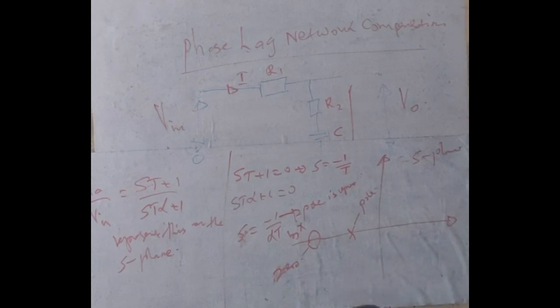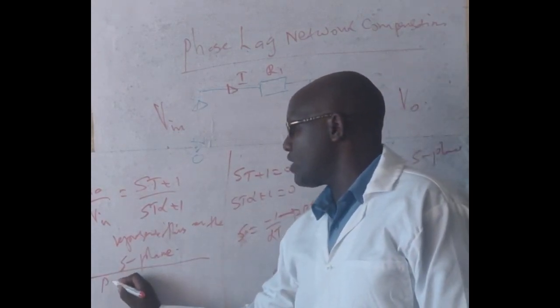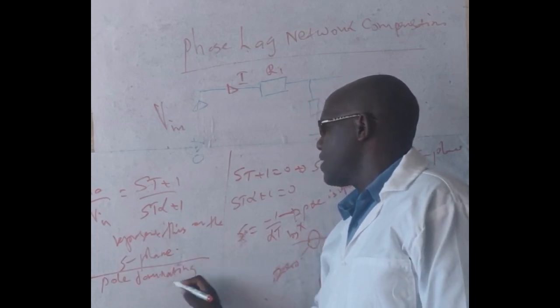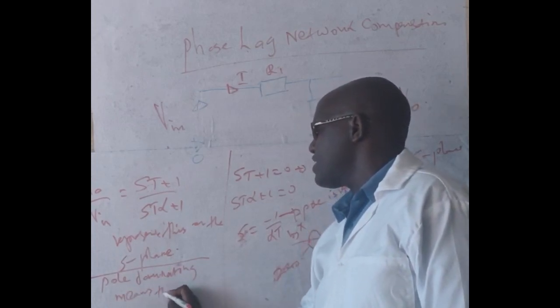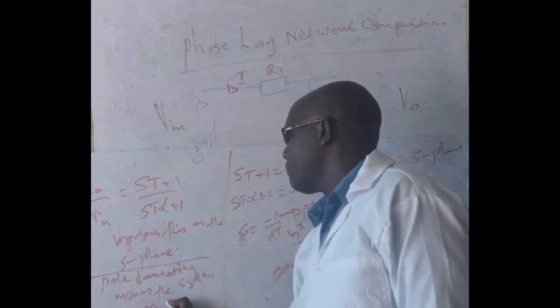Now we can also be asked to represent this on the S plane. So how are we going to do that? This is what we are going to do. We equate the numerator to 0: ST plus 1 equals 0.